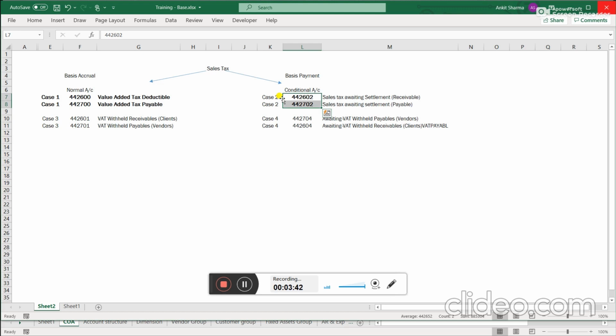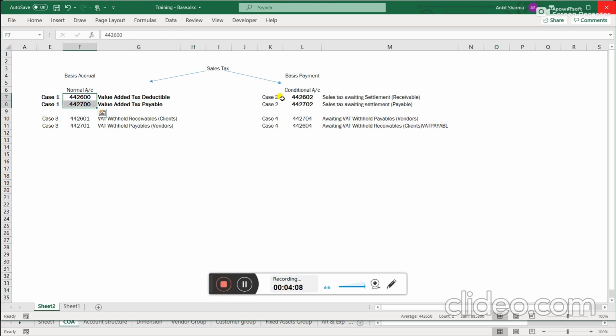So when you make the payment or receive the payment, the system will understand that at that transaction level we have applied the conditional VAT. So when we receive or make the payment, the system will automatically transfer the VAT on that particular transaction into the normal account. Let me again revise this.